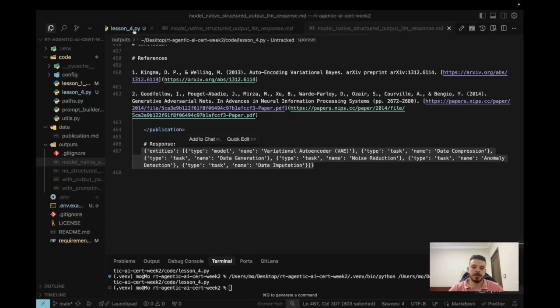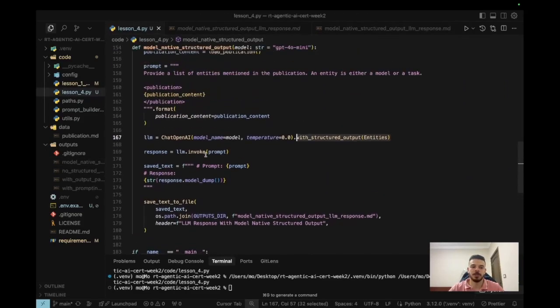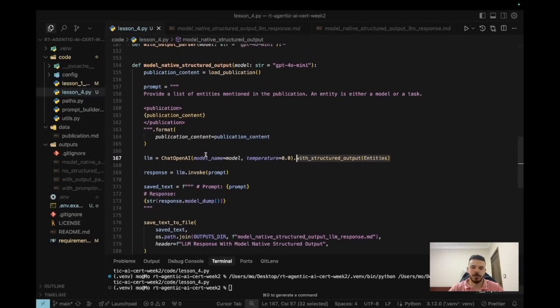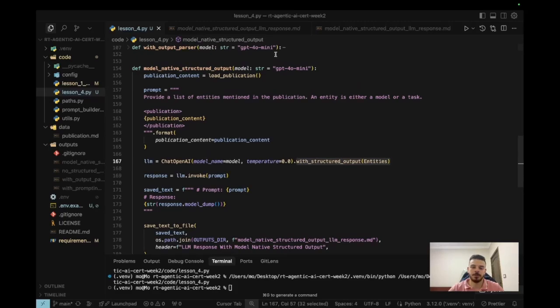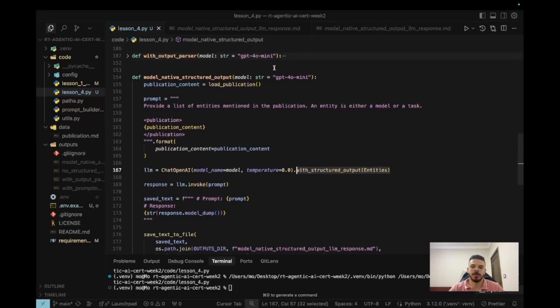And this was the second approach. This is not a prompt engineering approach, so it's different than what we have shown before. It's guaranteed not to hallucinate the structure, and you don't need to worry about prompt engineering and handling all of these different cases. The only thing we should mention here is that the LLM itself has to support this functionality, because not all LLMs support this.